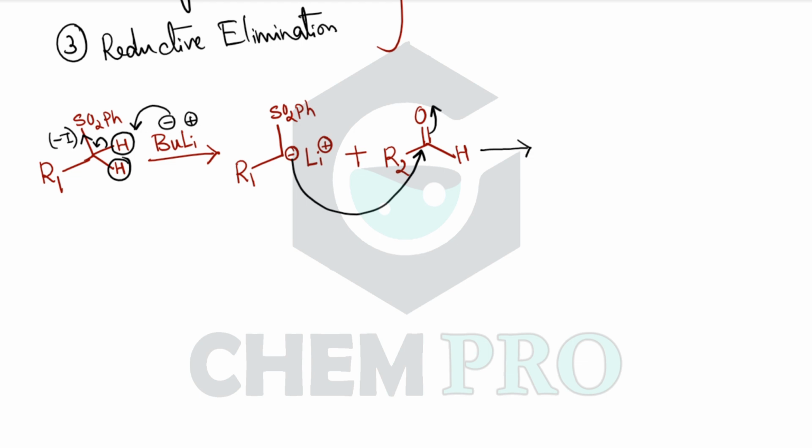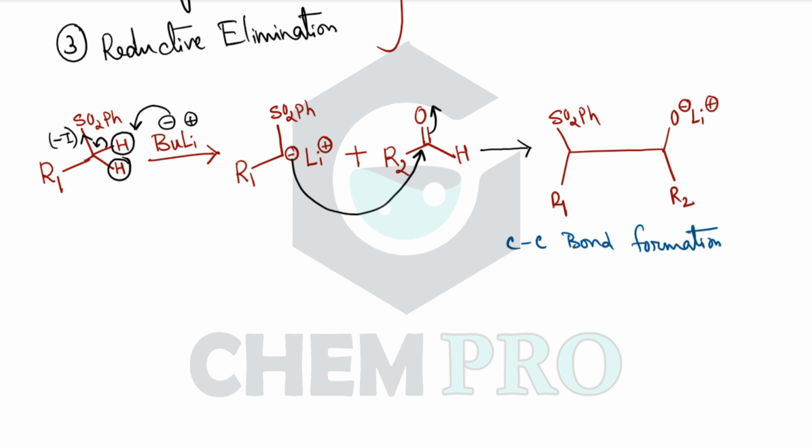So from this we have R1, R2, OLi, and here SO2Ph. So here is the carbon-carbon bond formation step. It is a carbon-carbon bond formation.